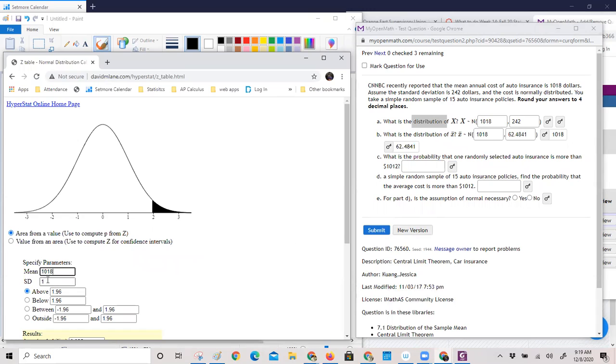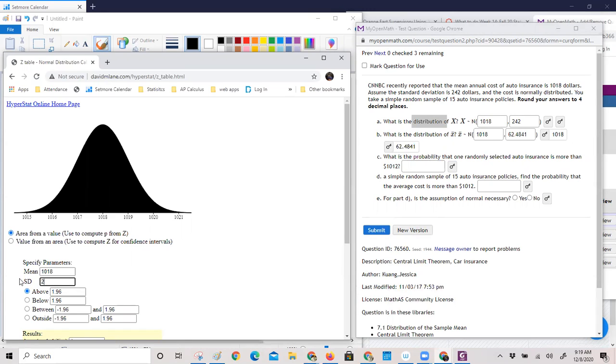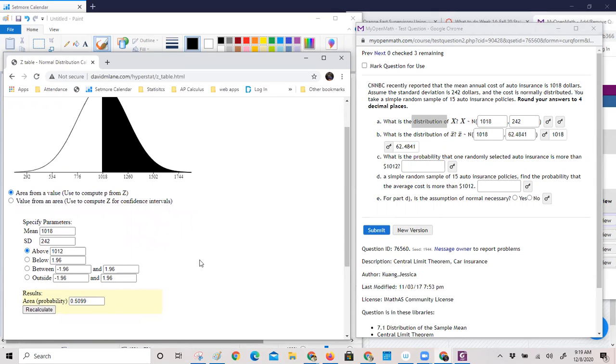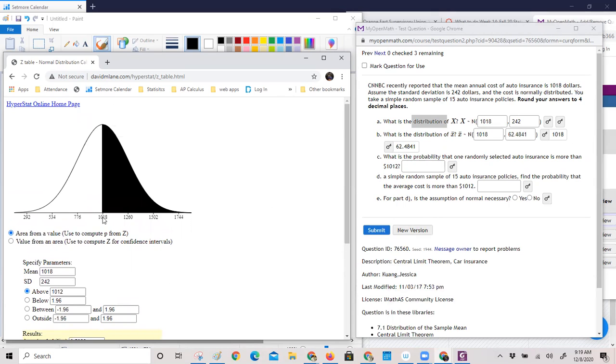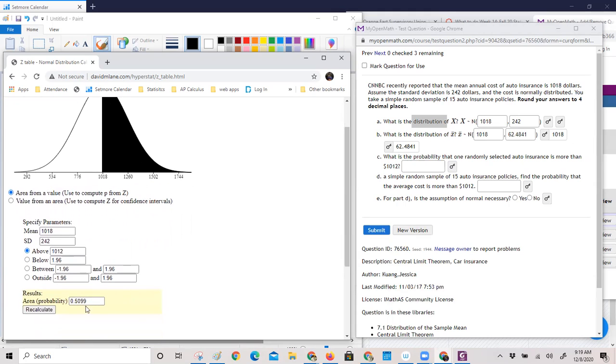The standard deviation for any single policy is 242. And we want to know more than, so above 1012. I'm going to click calculate, and it shows me that it's just a little bit less than the mean. And so we would expect to be just a little bit more than 50%. So that's what goes there.